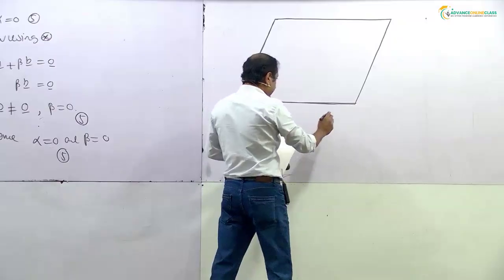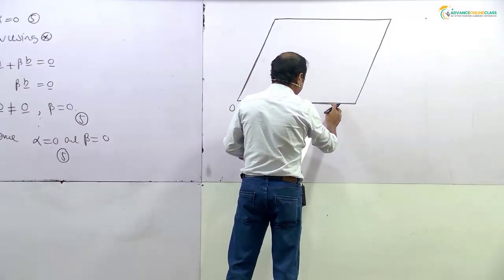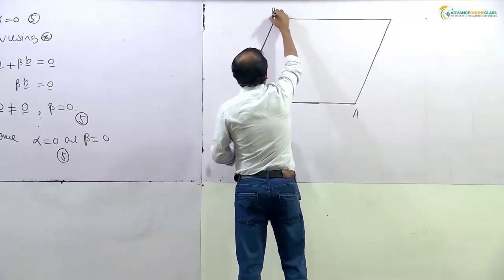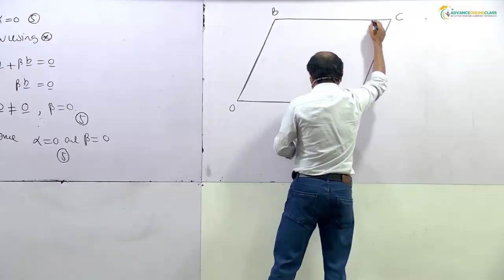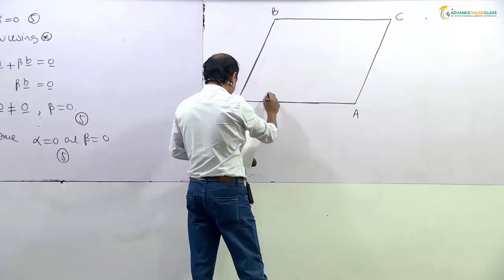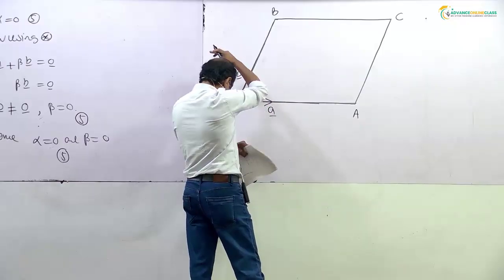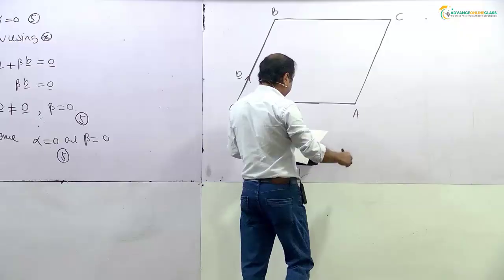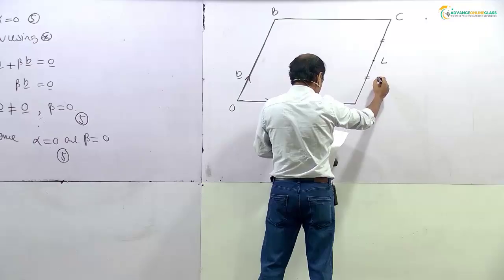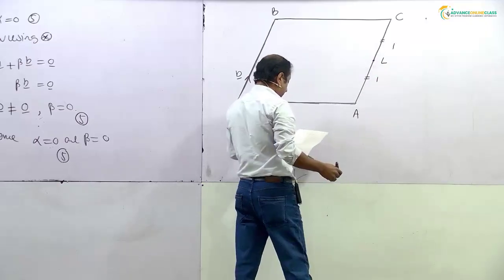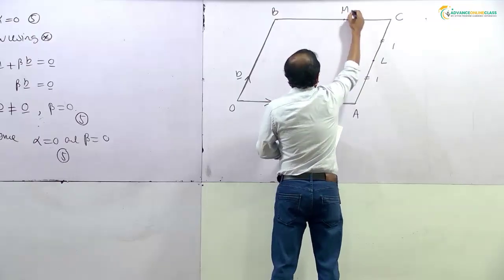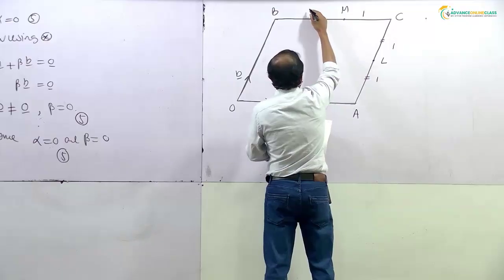O, A, B, C. Right. This is the vector A. This is vector B. L is the midpoint, these two are equal, ratio 1 is to 1. Okay. M is on CB nearer to C, ratio is 1 is to 3.